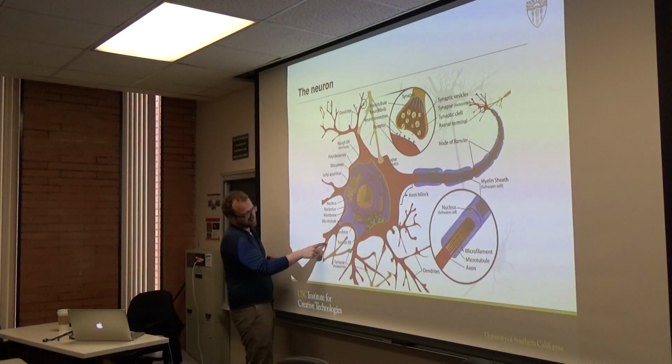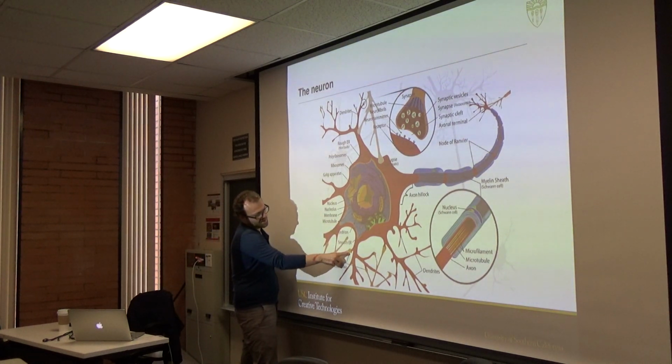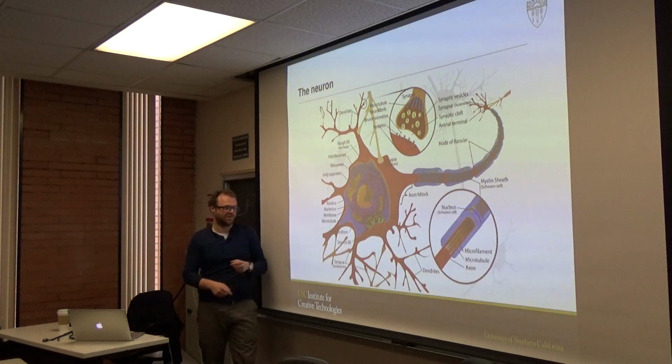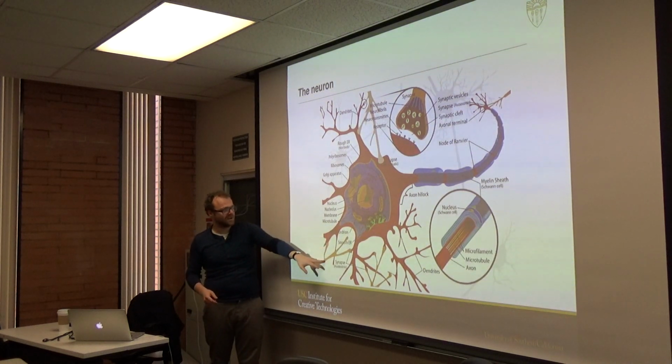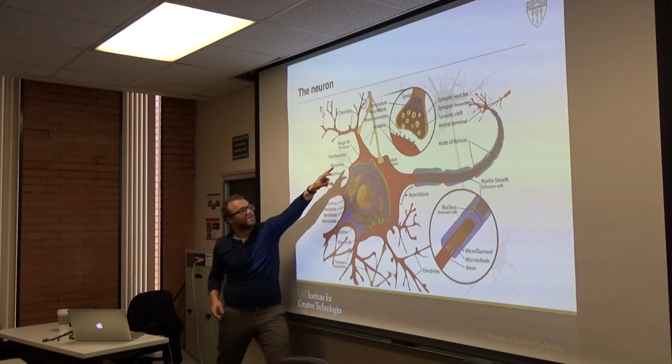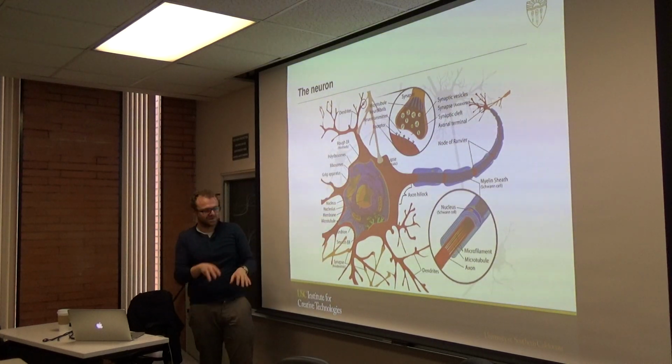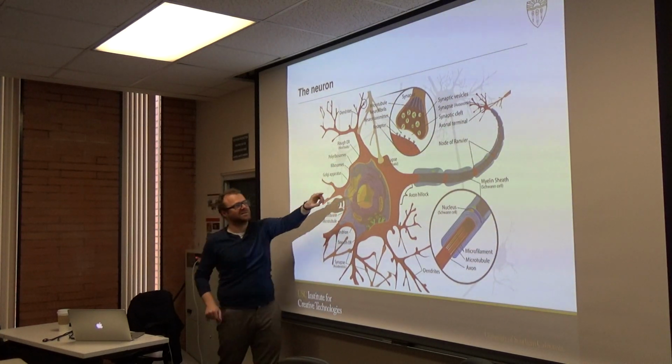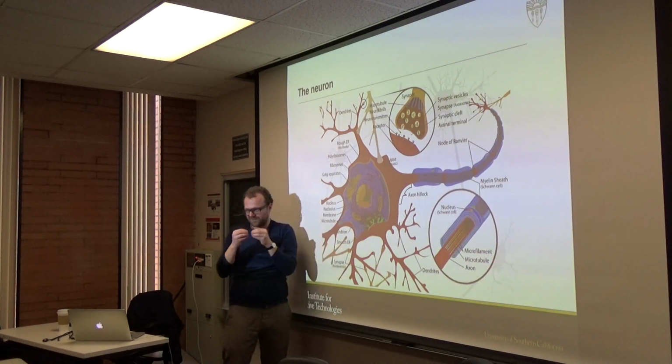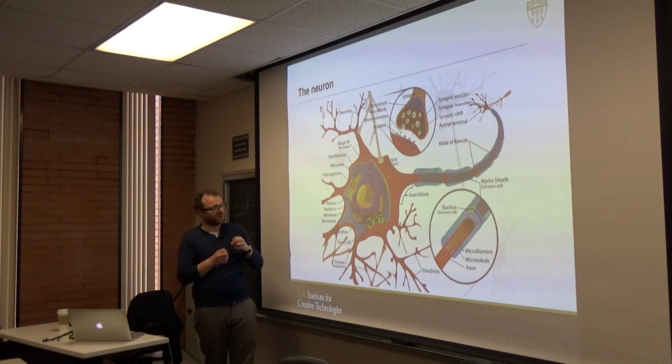This is where the neuron is connected to other neurons. So this is the red neuron, and it's connected to the orange neurons here and there. The synapses are basically these points of interaction between two neurons.